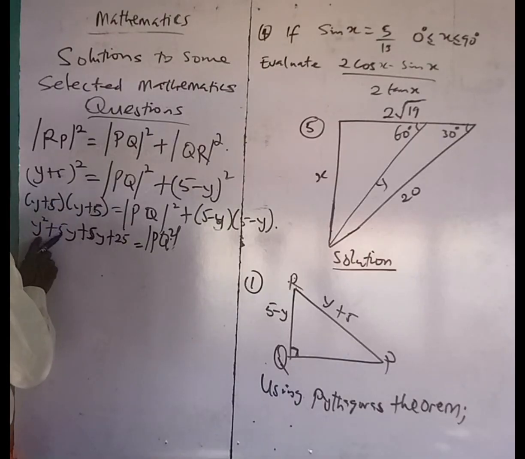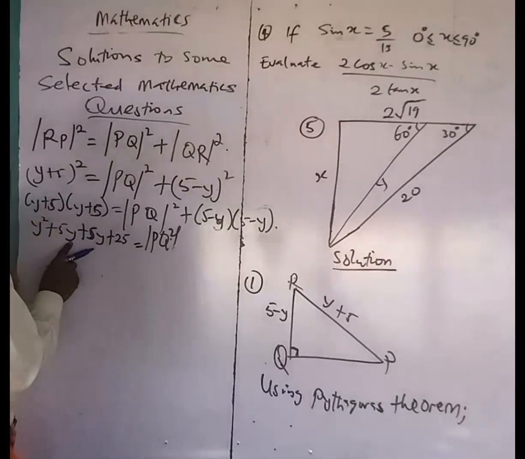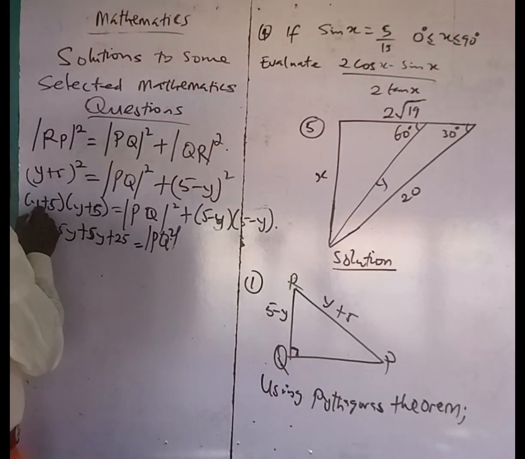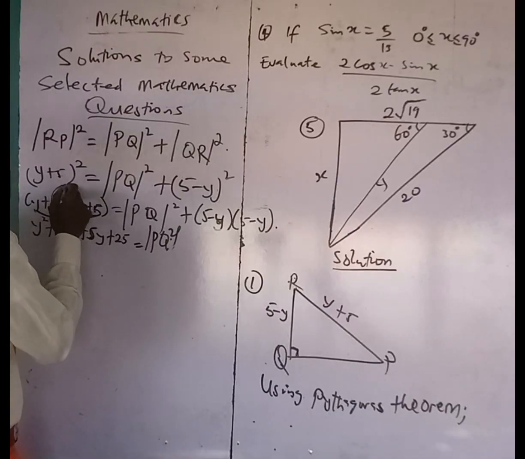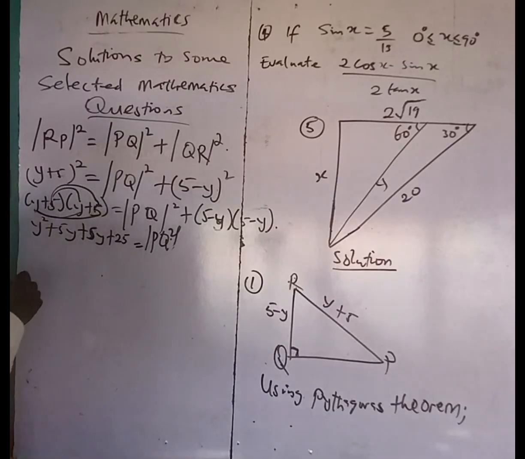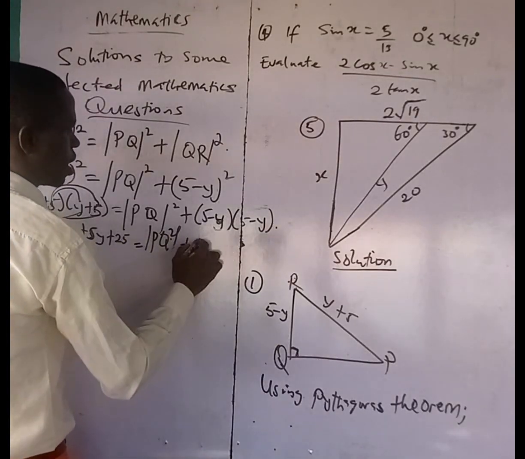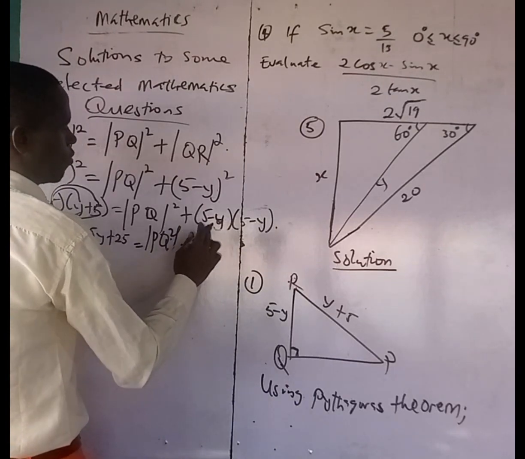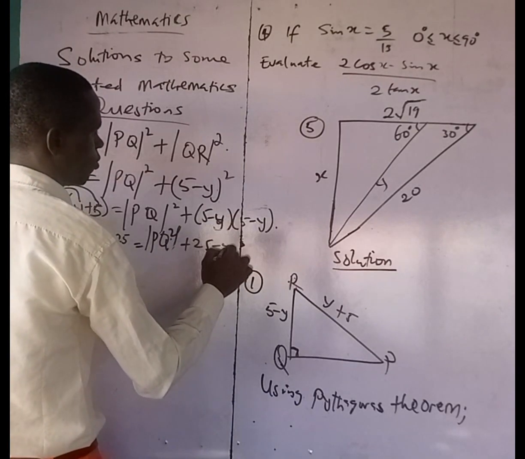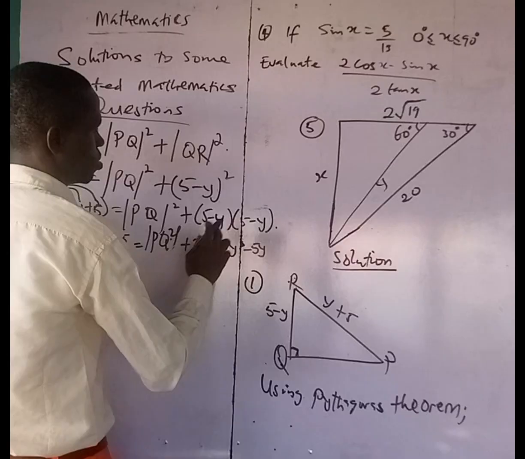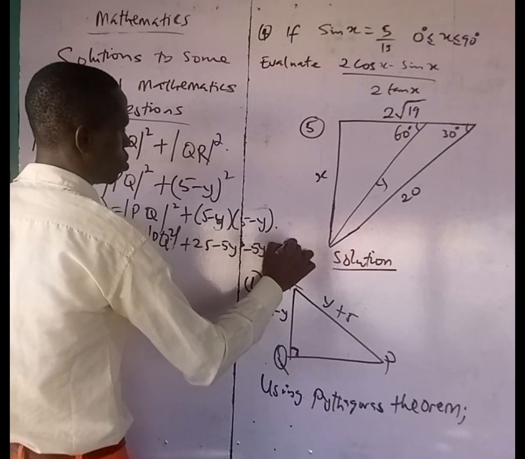Y times y is y squared, y times 5 is 5y, 5 times y is 5y, 5 times 5 is 25. The first one times this, the second one times this. Plus, we do the same thing here. 5 times 5 is 25, 5 times minus y is minus 5y, again minus 5y, and minus y times minus y is plus y squared.